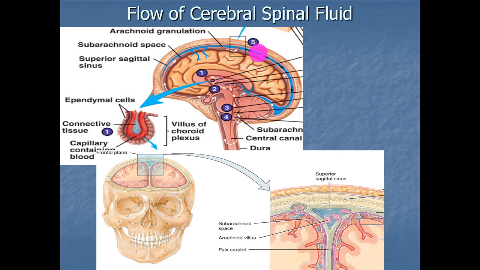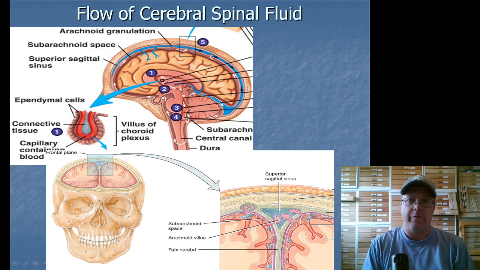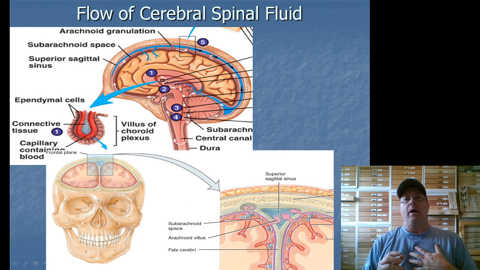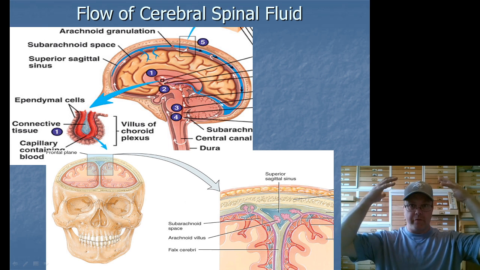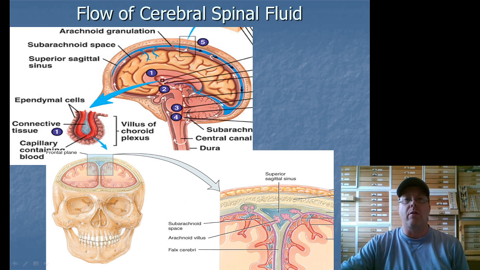A couple of years ago, I had a student in lab, and I was going over the cerebral spinal fluid flow in lab, and I was talking about how cerebral spinal fluid flows through the arachnoid space and that kind of thing. And he raised his hand and he said that his girlfriend had an accident and her arachnoid granulations weren't functioning, and she had hydrocephaly.